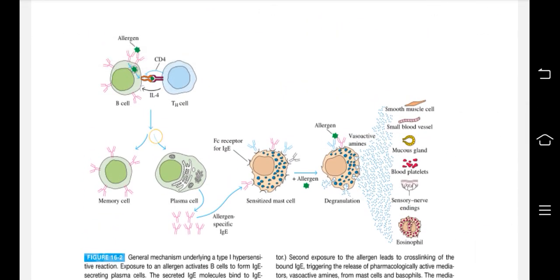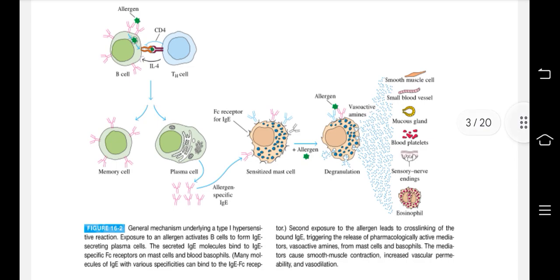Here you could see a pictorial depiction of this. Allergen is there, CD4, T cell, IL4, TH cell. Memory cells get activated. Then plasma cell is there, allergen-specific IgE, Fc receptor for IgE, and a sensitized mast cell is formed along with allergen.